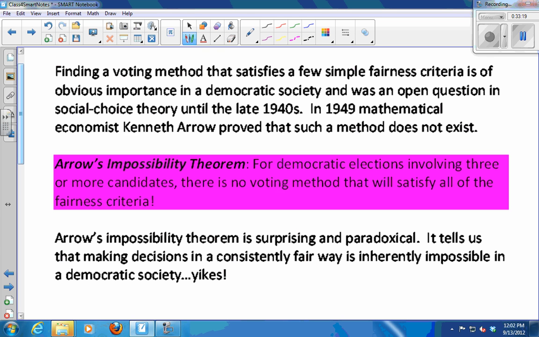There is no method that involves 3 or more candidates that will satisfy all the fairness criteria. You always can get some kind of crazy unfair result when there are more than 3 candidates. That's one of the reasons we have such an entrenched 2-party system.